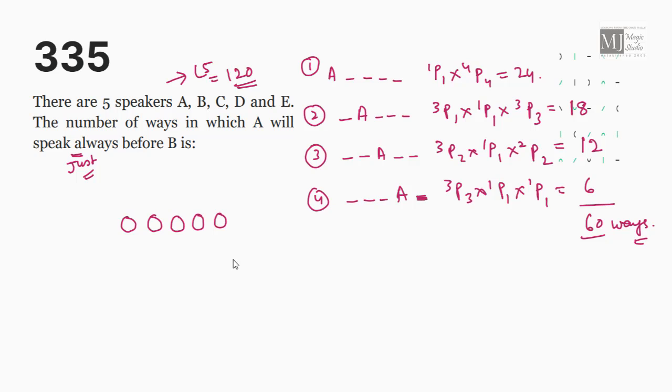In these cases, this is the special case of order remaining the same. Simple answer is factorial 5 by factorial 2, because order remains same means treat them as alike items. And when we treat them as alike items, we discount our answer. Discounting means dividing by factorial of the number of alike items. Straight away, the answer is 120 by factorial 2, that is 2, that is 60 ways.